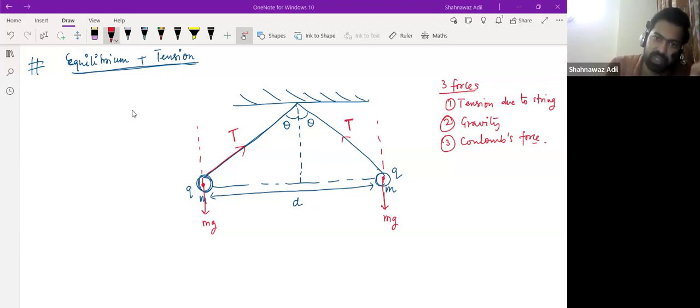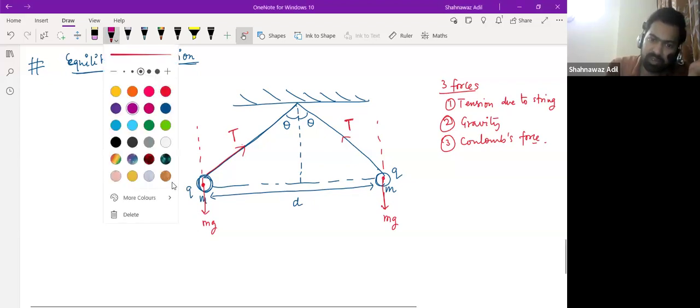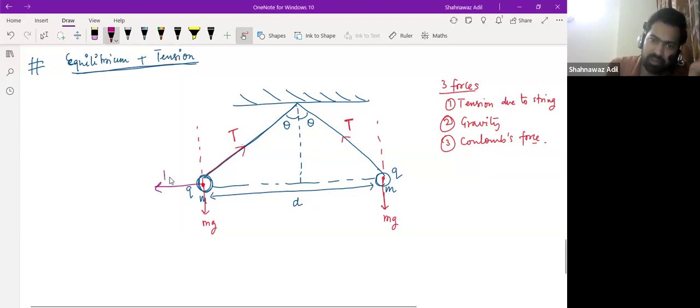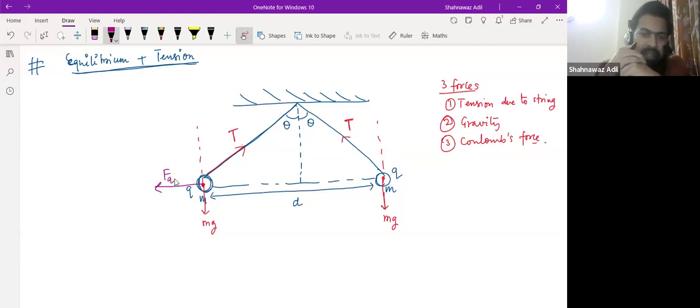What would be the direction? Force would be repulsive, so that would be left, yes, sir. Left, right? So these are the forces: mg, tension, FQ.